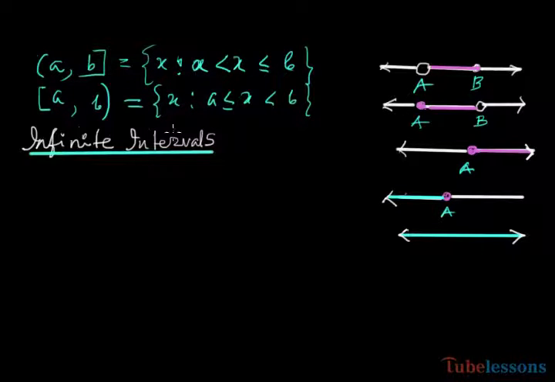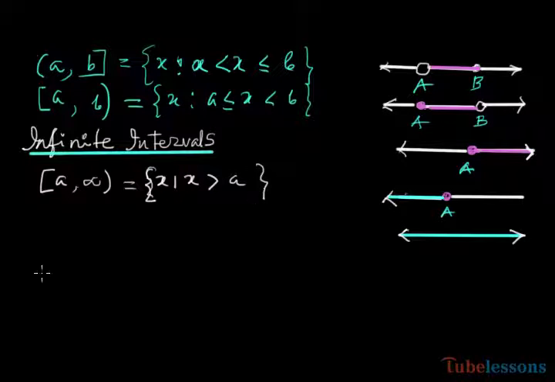Now we will discuss the infinite intervals. Infinite intervals will be represented as closed; it will start from A and go up to infinity. This side is open. So this represents the set of all x such that x is greater than or equal to A. This one starts from A and goes to minus infinity, so minus infinity to A, closed.